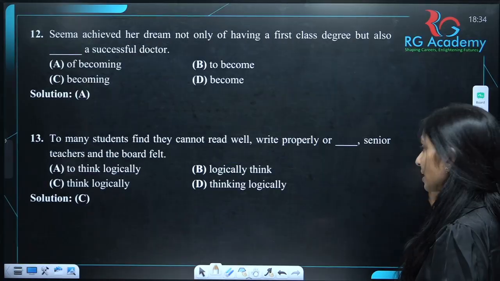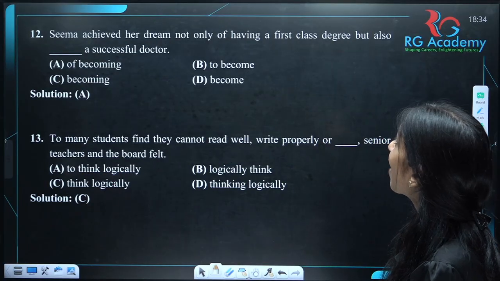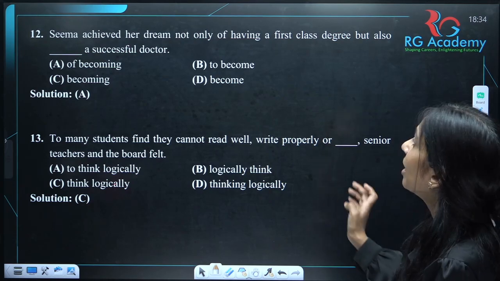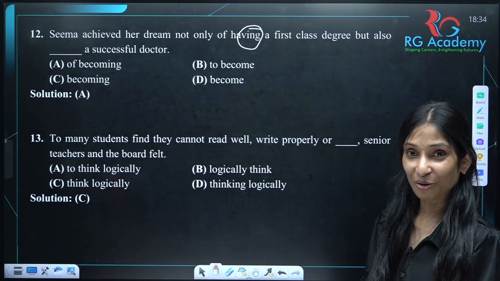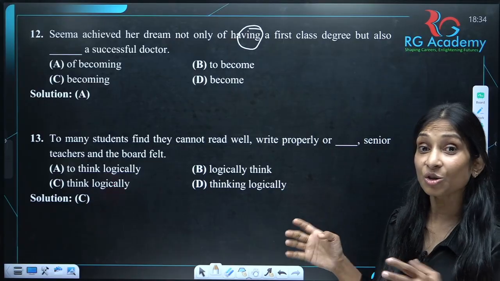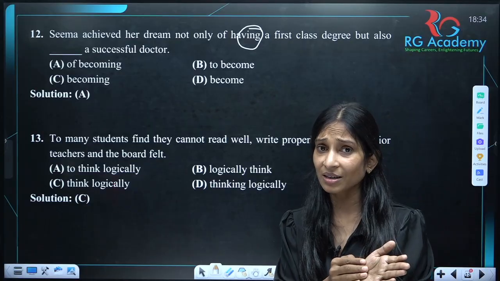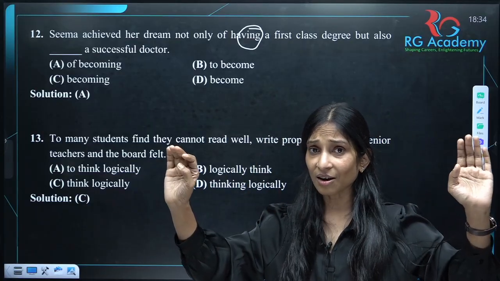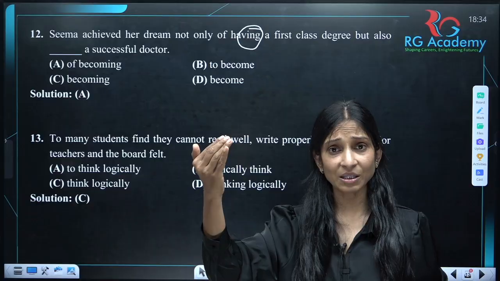Okay. Next, Seema achieved her dream not only of having a first class degree but also... So here also we have the ing form of verb again, right? So we need to choose a word which is related to ing only. Parallel construction is very easy to understand if we read the sentence carefully and notice what form of verb has been used earlier.